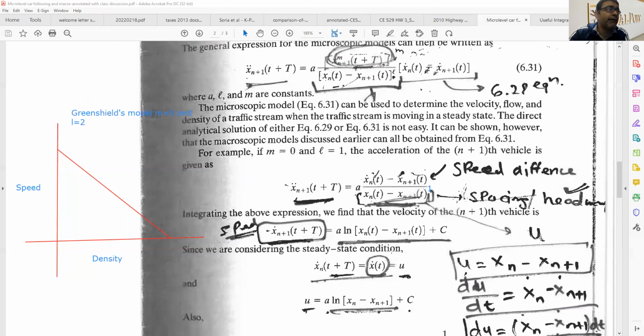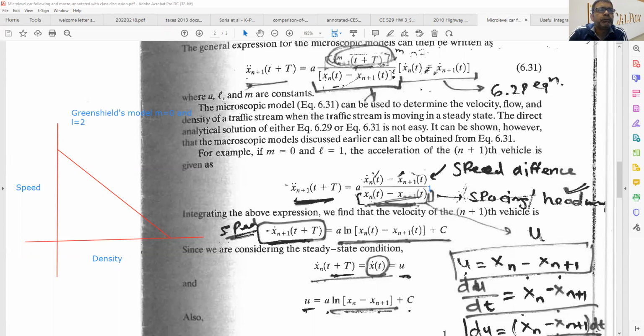If you integrate this with respect to time, your left-hand side simply becomes, if you integrate acceleration with respect to time, the speed. The right-hand side is a little bit more complicated, and that's where you have to apply the integration by substitution approach.